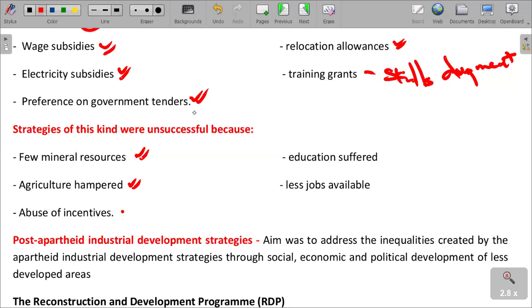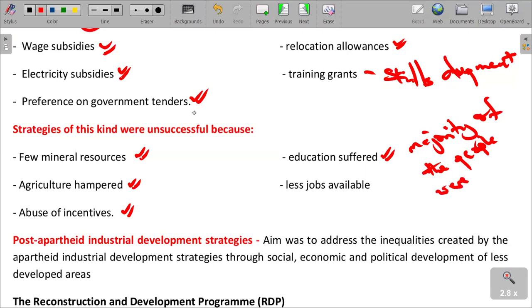There was abuse of incentives, the misdirection or misuse of finances, and education suffered. The majority of the people were not educated. So we talk about lack of skills.